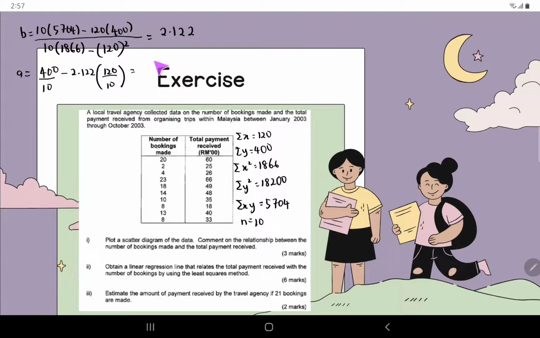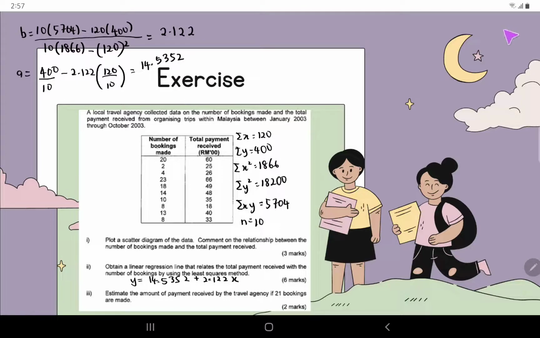Okay, so the answer for a is 14.5352. So our linear regression line is y equals a plus bx.